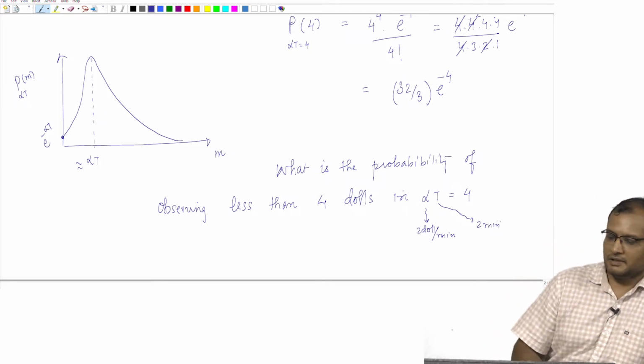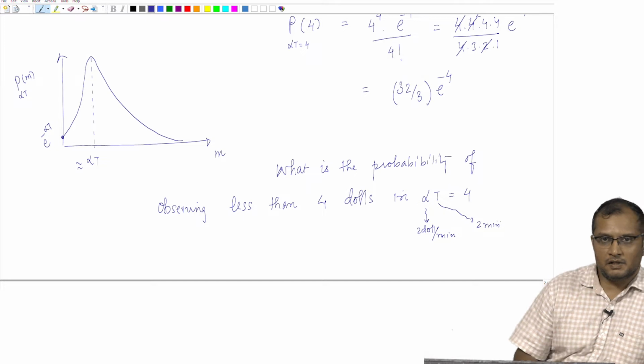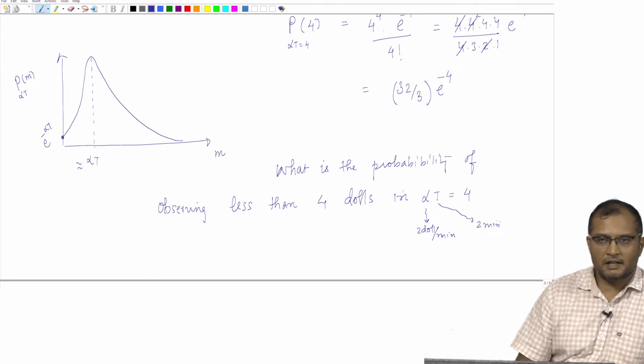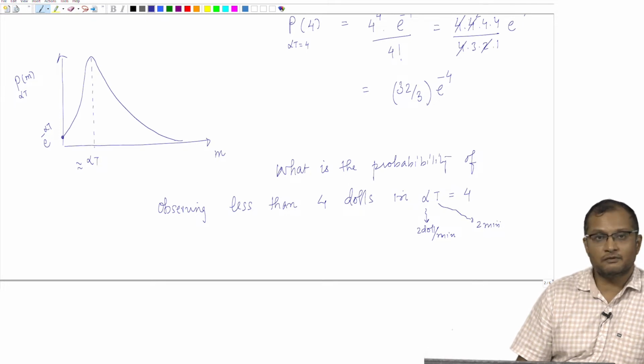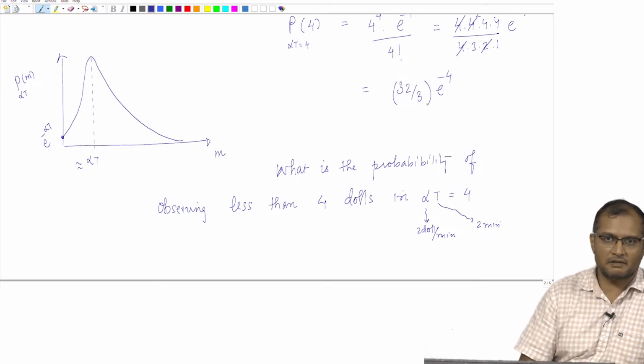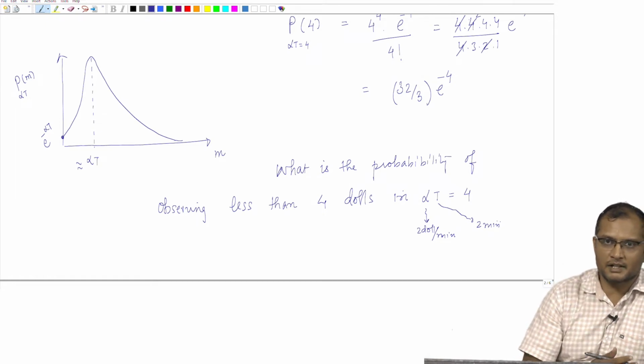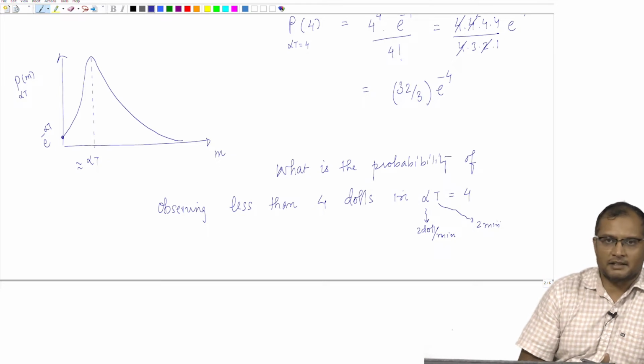So, my average number of dolls that I expect is still 4, but I want to see what is the probability of getting less than 4 dolls, because many observers, the 30 volunteers that you brought in, some of them also saw less than 4 dolls, some of them saw 2 dolls, 3 dolls, 1 doll and nothing.